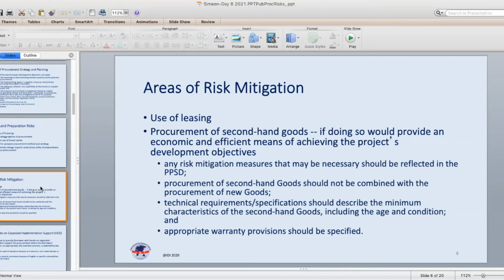Another example here is second-hand goods. Now, it still is, I think, but maybe a little bit more nuanced now. It used to be that there was almost a sacred principle that the procuring entity should never buy anything that is second-hand.